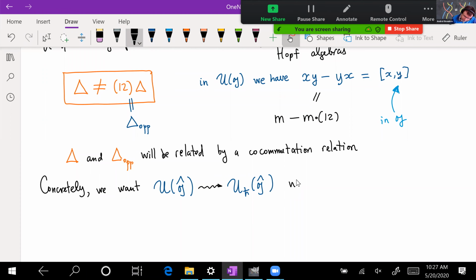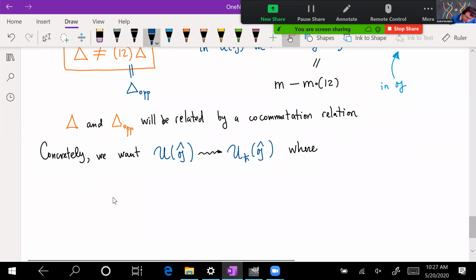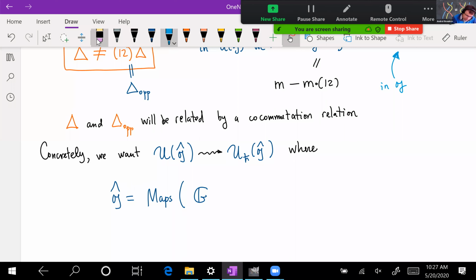where G hat would be a loop algebra. So G hat will be a Lie algebra of maps from some group, maybe in a different color.